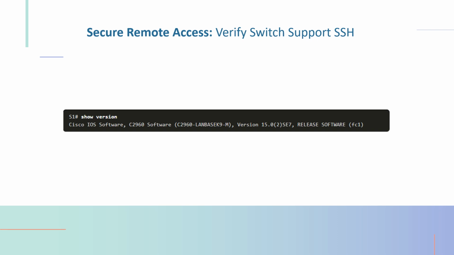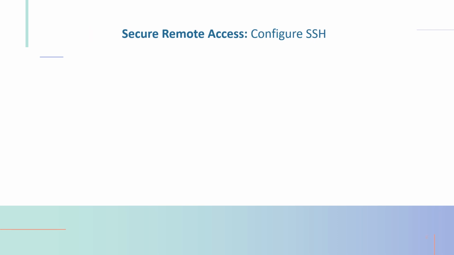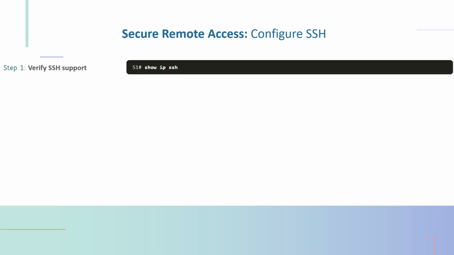But before configuring Secure Shell, what you have to know is that you minimally need to configure the switch with a unique hostname and the correct network connectivity settings. So the steps for configuring Secure Shell are six of them, and the first one is that you need to verify the Secure Shell support by using the command show ip ssh.